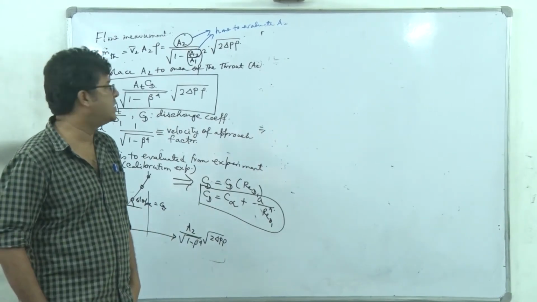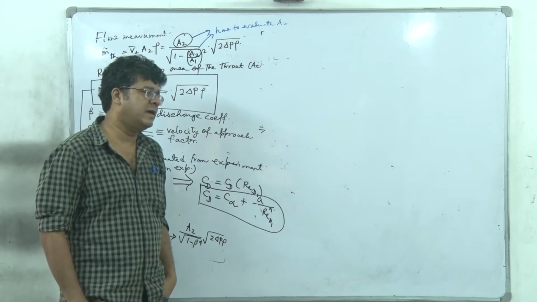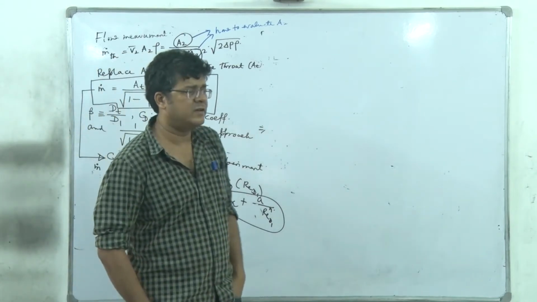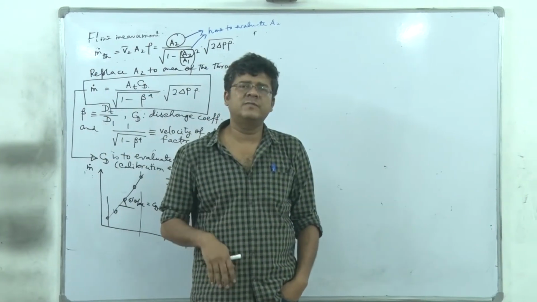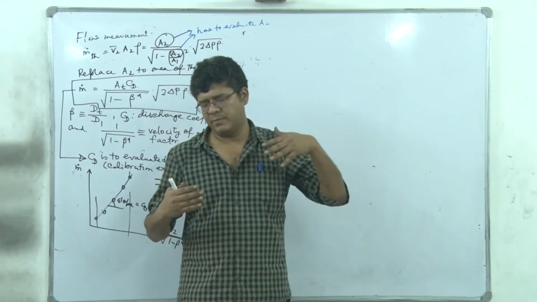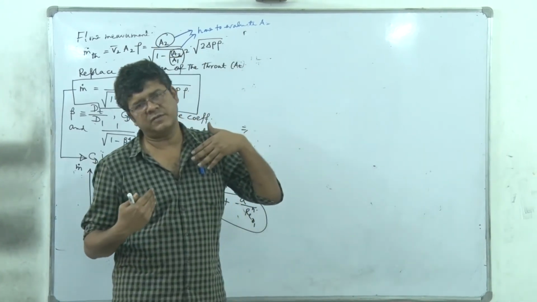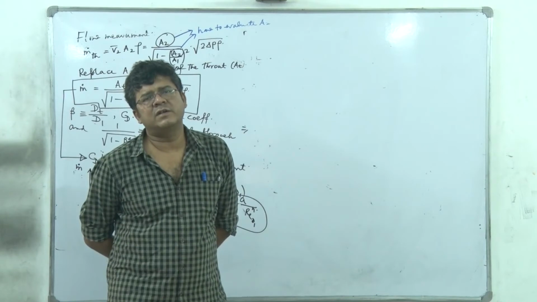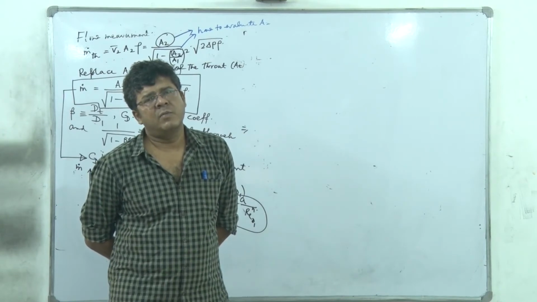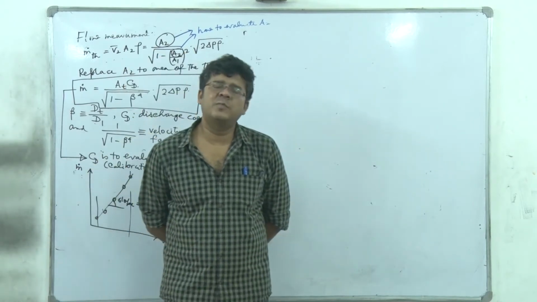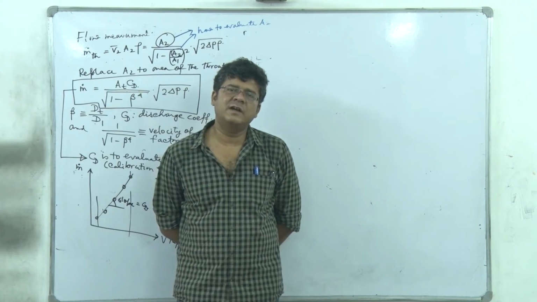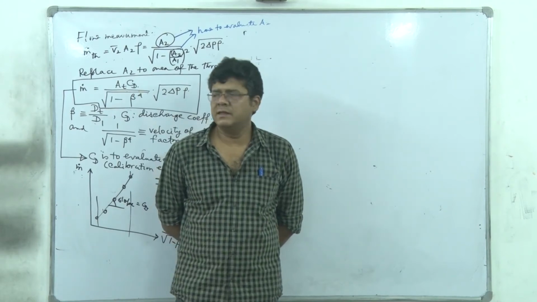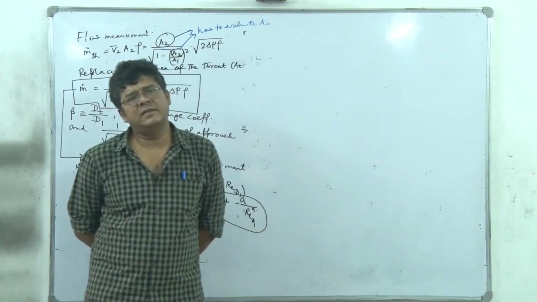However, orifice meter has got a problem. What is that? There will be a permanent pressure drop. You see, in the restriction flow meter we have discussed that from point 1, that is far upstream, to Vena Contracta there will be a pressure drop. But once the fluid is again occupying the entire cross section in the far downstream, then the pressure must increase.